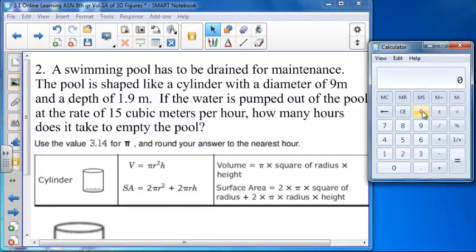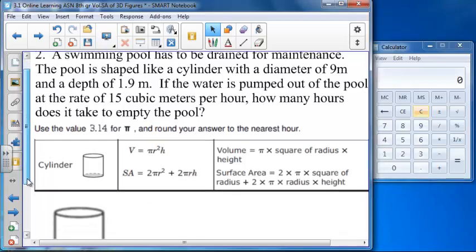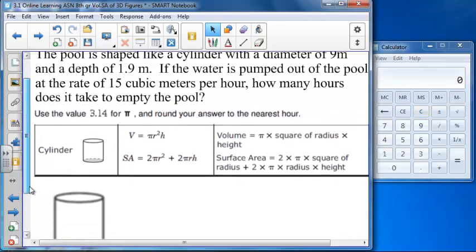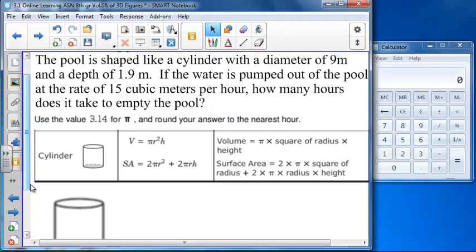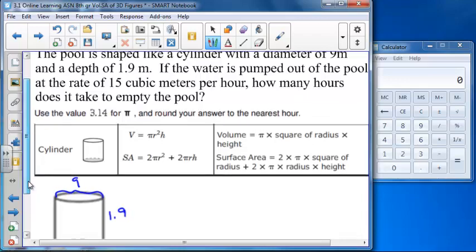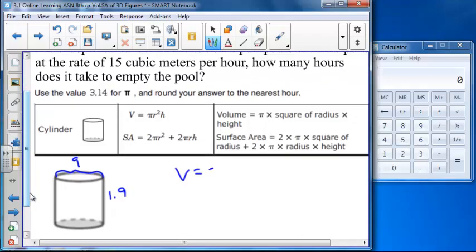Use 3.14 for pi and round your answer to the nearest hour. The diameter is 9. The depth or height is 1.9. The volume formula is pi r squared h.